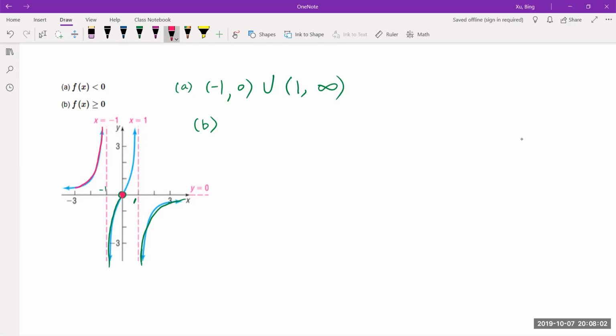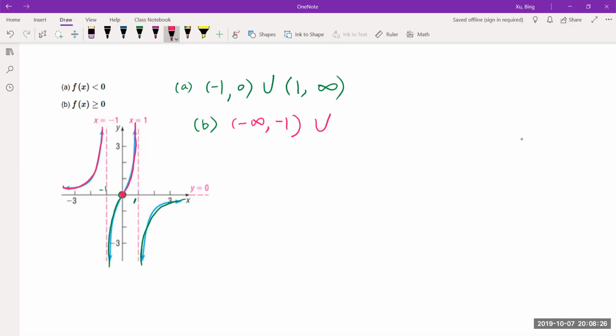This part, right? Where else? The graph is greater than 0, this part. Okay, so to write the solution to make f of x greater than 0, it's from -infinity all the way to -1. Well, -1 should not be included because -1 is not in the domain.